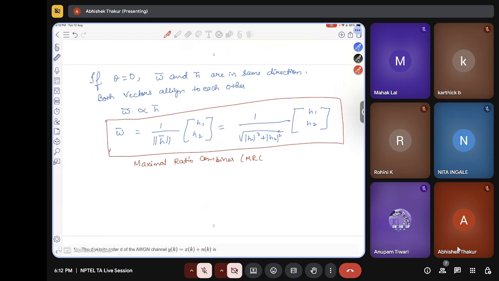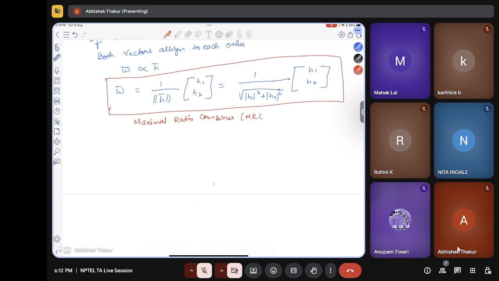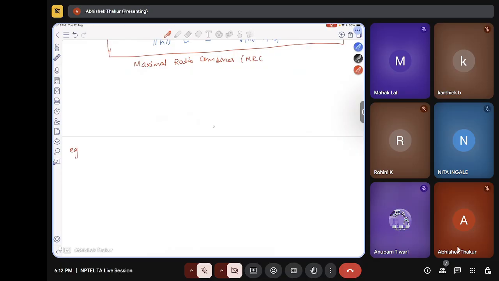So now let's take a question. Let's have one example. At the transmitter end, at the base station, there is one transmitter antenna TX1, and at the user terminal there are two receivers, RX1 and RX2. And these are the channel coefficients H1 and H2.